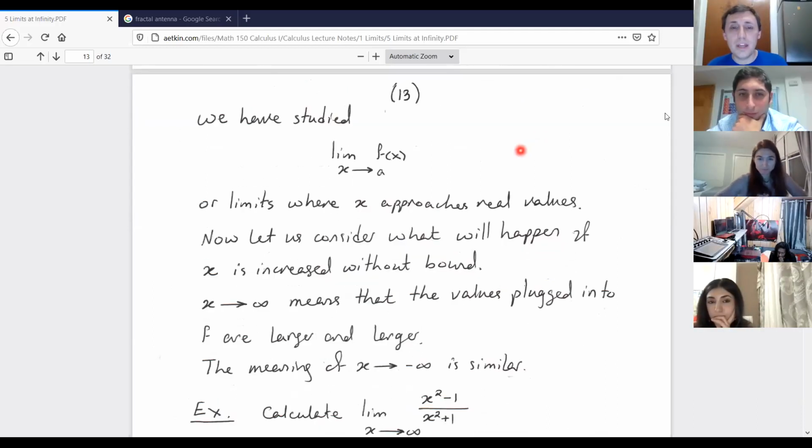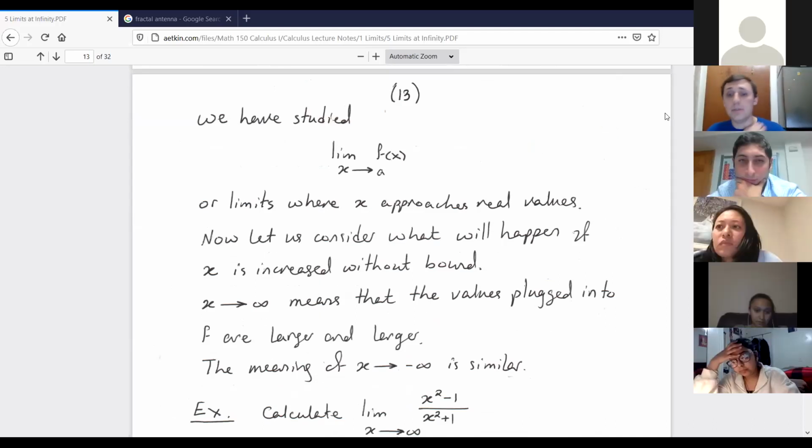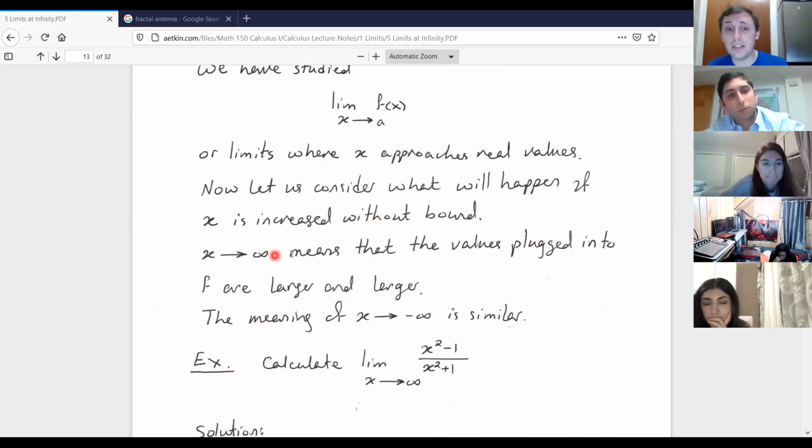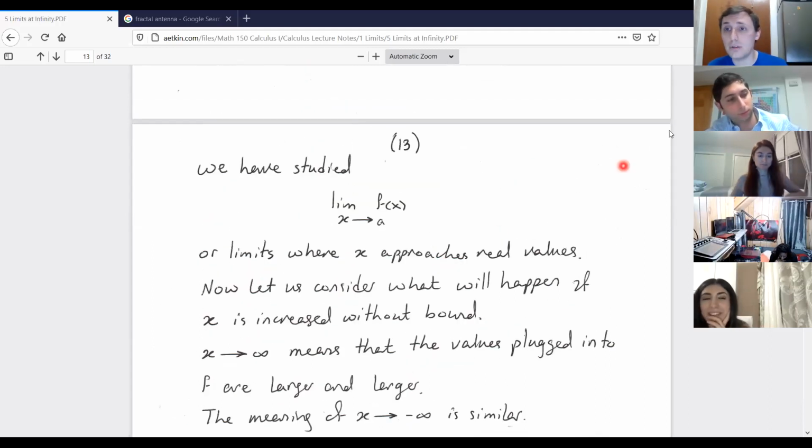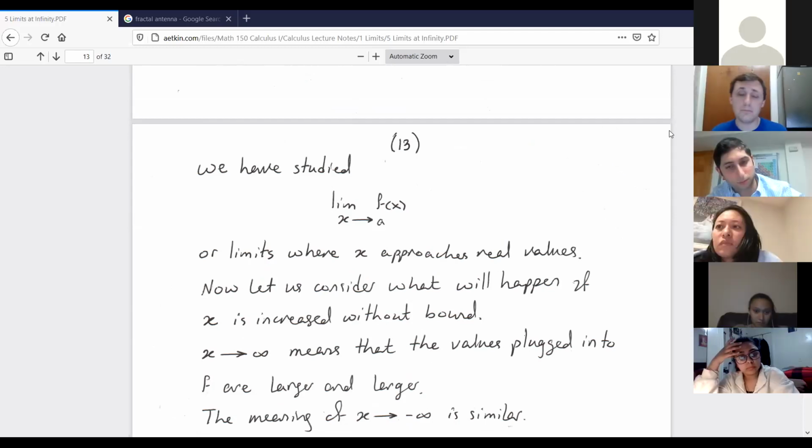Let's move on. Now let's talk about what it means to take the limit as x goes to infinity. That's the main goal of this chapter, finally. So as x goes to infinity, what do we plug into the function? Could you tell me, what do I plug into the function? Of course, I think in analogies.